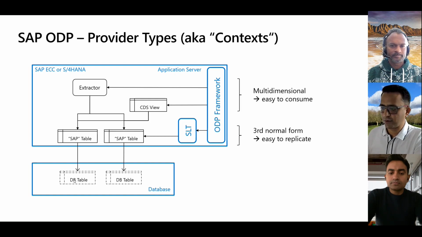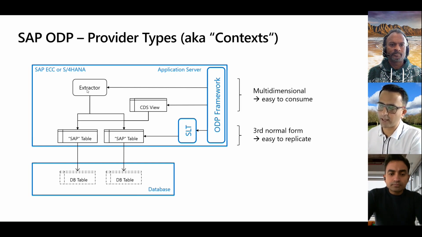As you can see, you've got the database tables, and then this is the SAP application. You've got the SAP tables, and depending on which provider type, also known as the context, you're going to use, you will configure it accordingly in Azure Data Factory or in Synapse.